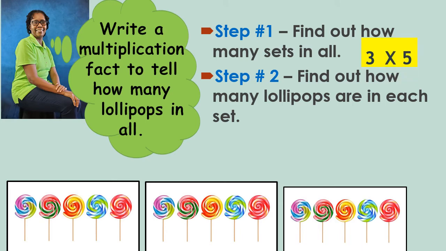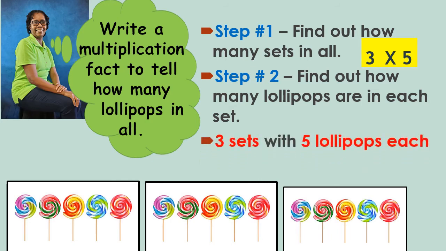And as I said before, if you know your tables, you can just tell me that answer. Instead of counting up all these lollipops, you can just say 3 sets with 5 lollipops each, teacher. 3 times 5 equals 15. Awesome job. 3 5s are 15.